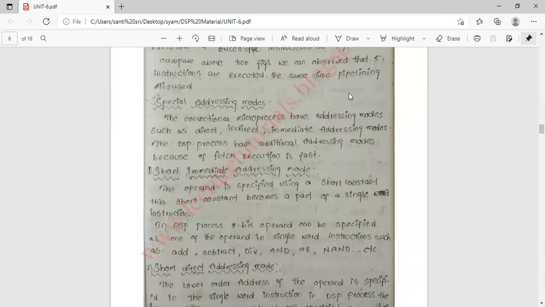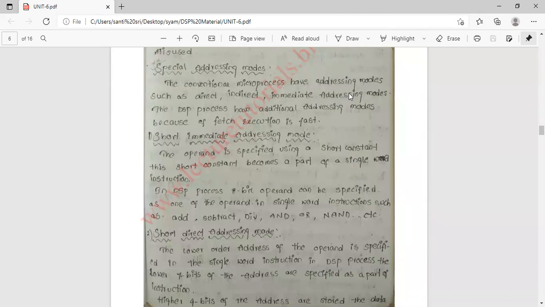After that, we discussed special addressing modes. In microprocessors we already studied immediate, direct, and indirect addressing modes.